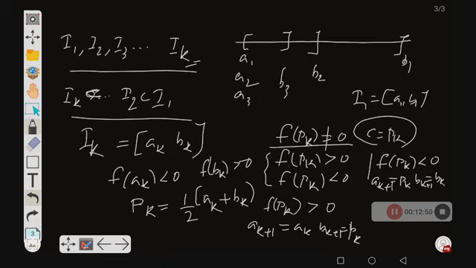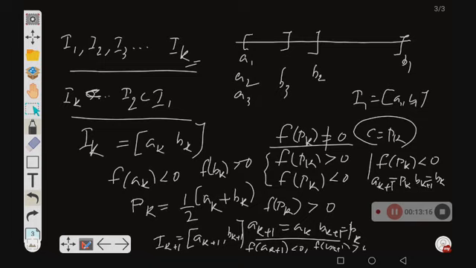So we are getting a new interval Ik plus 1 as ak plus 1, bk plus 1. We have chosen ak plus 1 and bk plus 1 such that f of ak plus 1 is less than 0 and f of bk plus 1 is greater than 0.